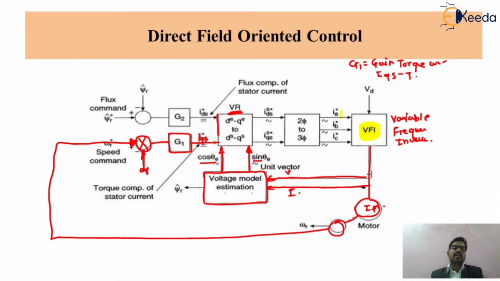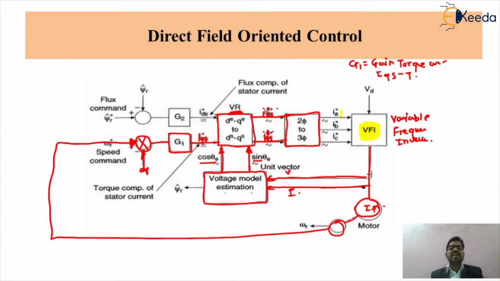Now we are converting these DQ frame values, the rotating frame components, into stationary frame components, which will be IQS and IDS. Again we are converting the two-phase quantities into three-phase quantities, so this is the inverse transformation.